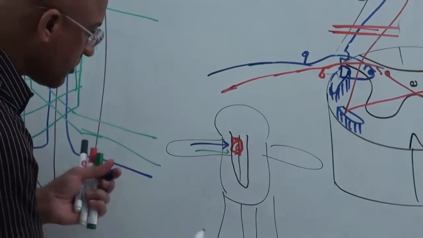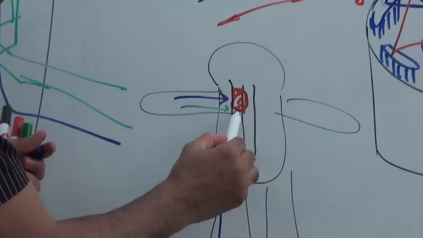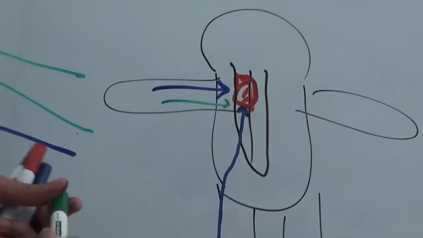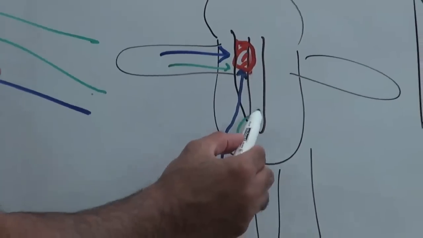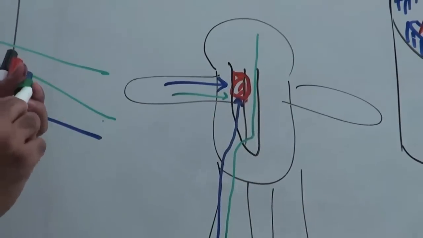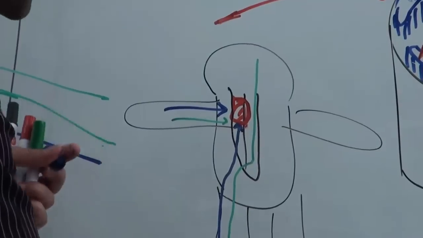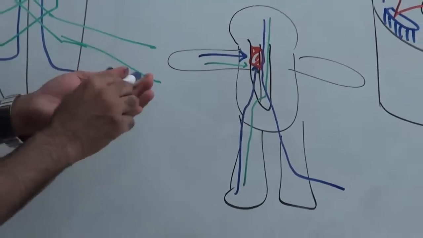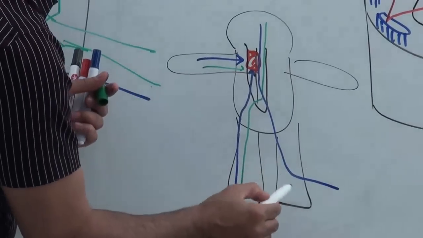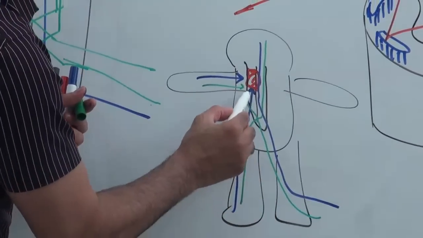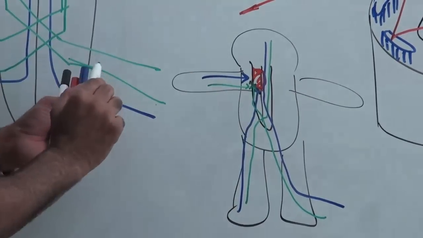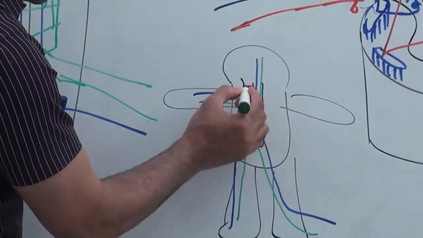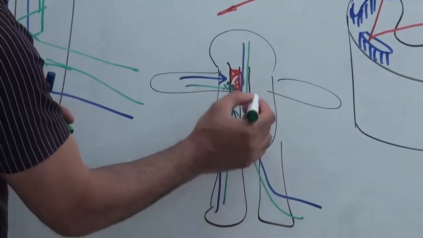Below the level of lesion, ipsilaterally, which sensations are lost? Dorsal column, right? But pain and temperature ipsilaterally escape. Is that right? Then dorsal column sensation on the opposite side is intact, right? But pain and temperature sensations from the opposite side cross and are caught.